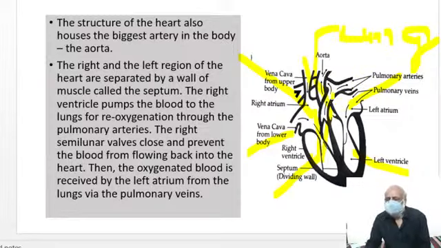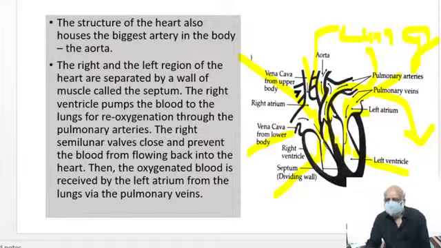Similarly, at the time when atrium relaxed, the blood come through the vein from lungs, that is pure. Now when left ventricle is relaxed, it comes to the ventricle. Next time when ventricle contract, it goes to the body through aorta.